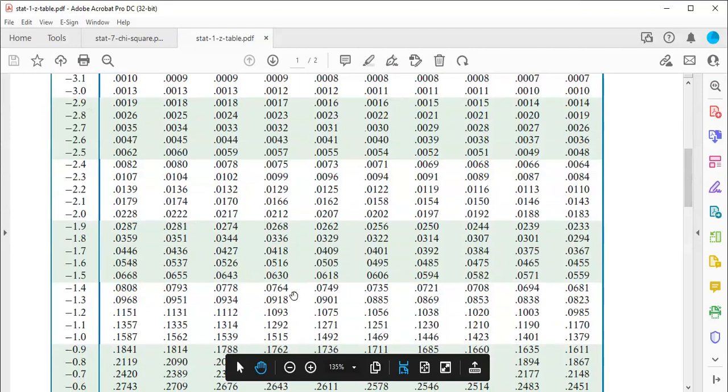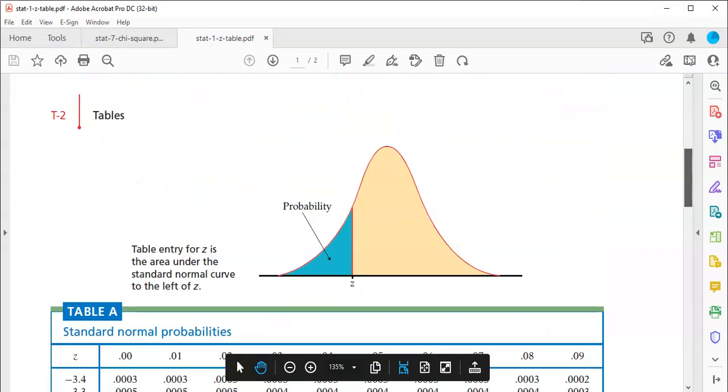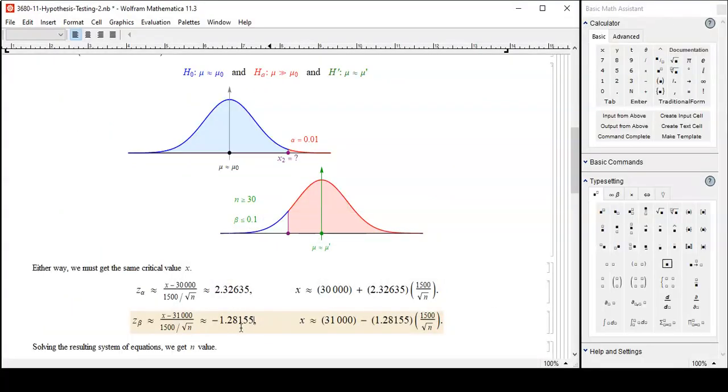And where's 10%? Yeah, this one. Negative 1.28. Here I'm using a little bit better figure, negative 1.28155. Anyway, from here you can solve for X and express the X value like this.